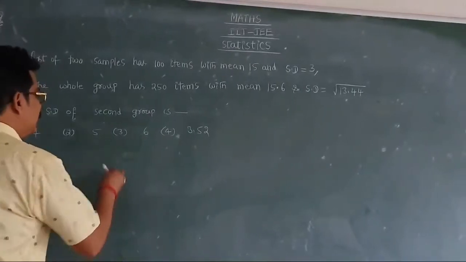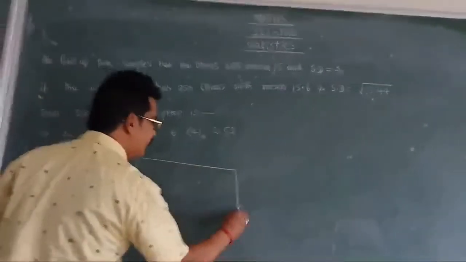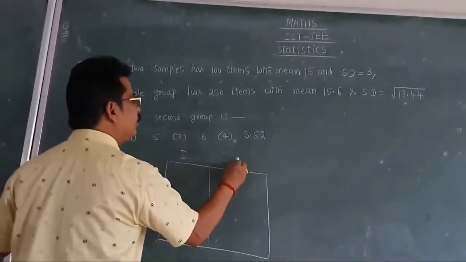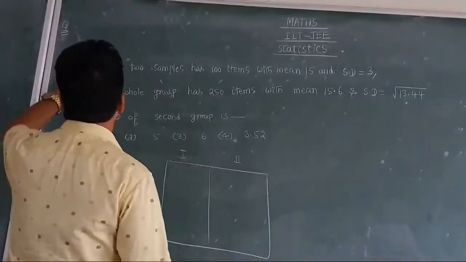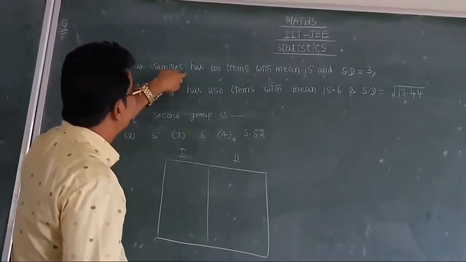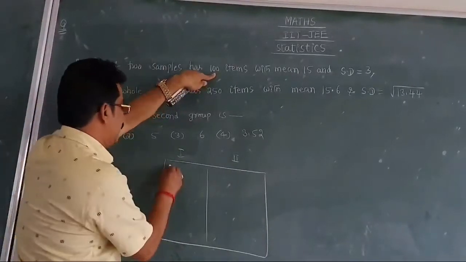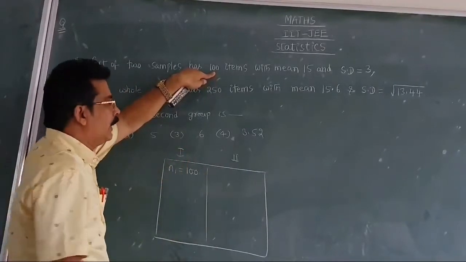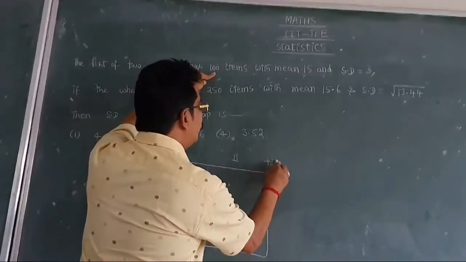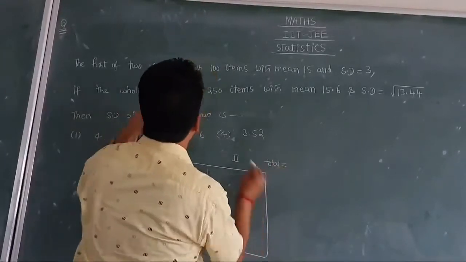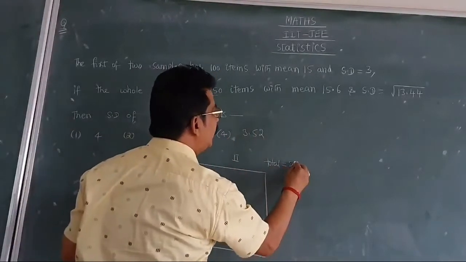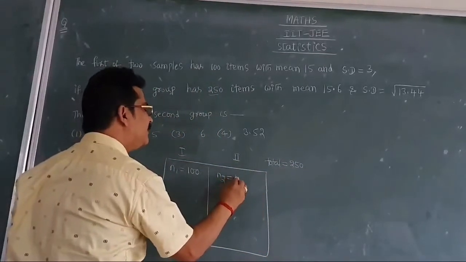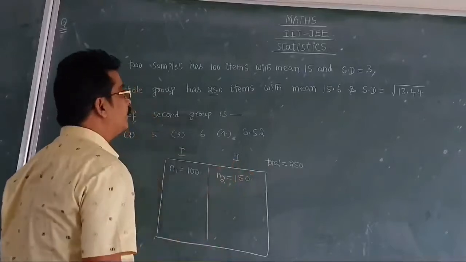This is the total group, this is the first group, and this one is the second group. The first of two samples has 100 items, means n1 equals 100. Total is given as 250. Therefore, definitely the second group will contain 150 items.